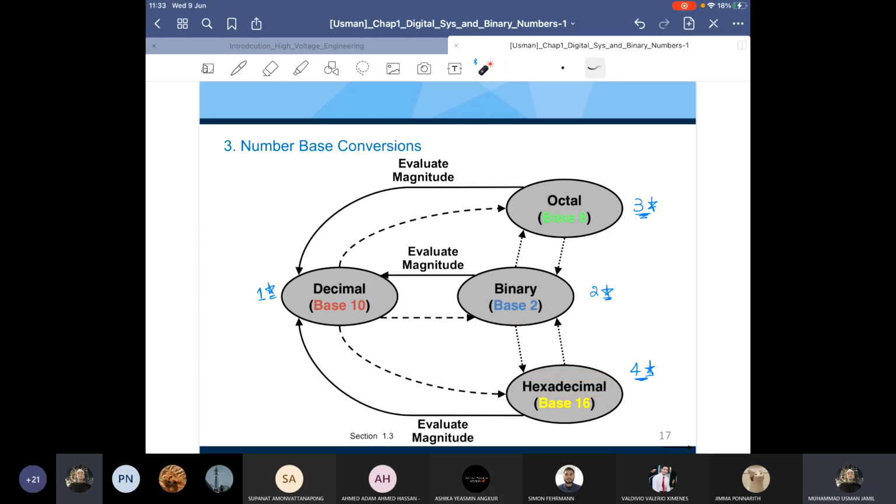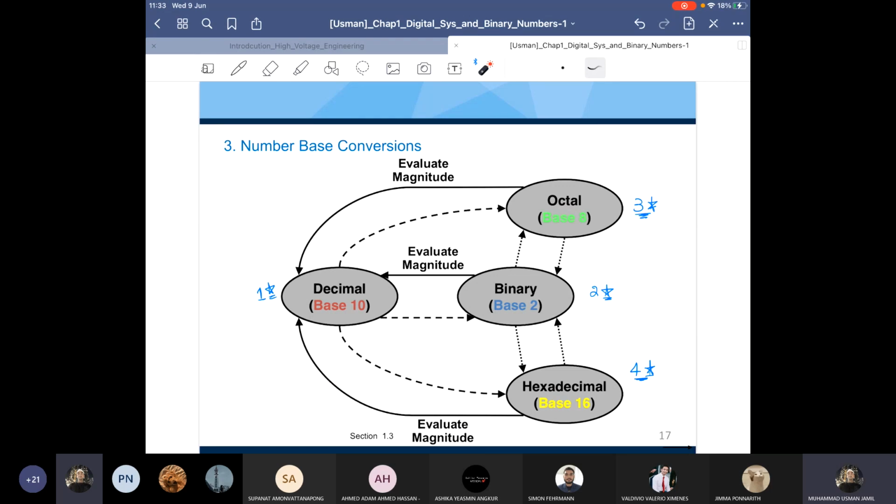Then from octal we can go to decimal, and octal to hexadecimal. Then from hexadecimal we can go to the binary, to the decimal, and to the octal.